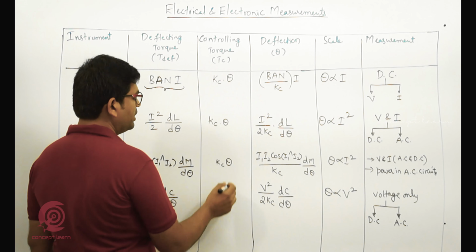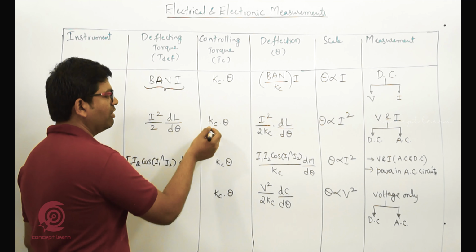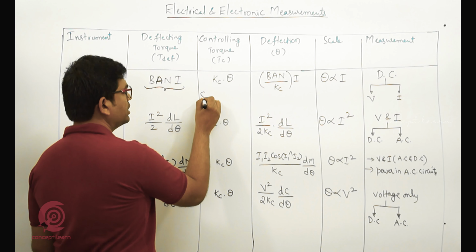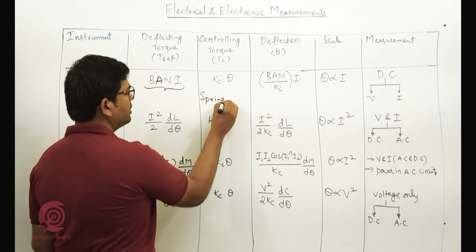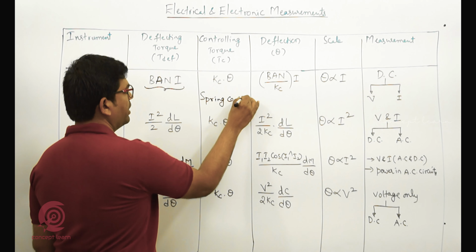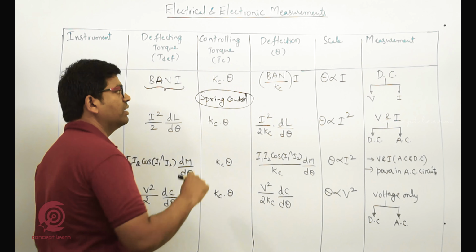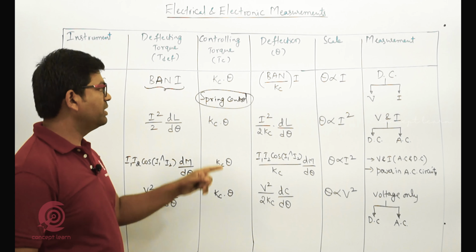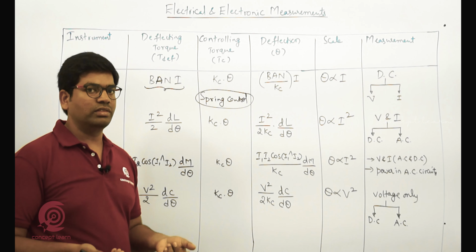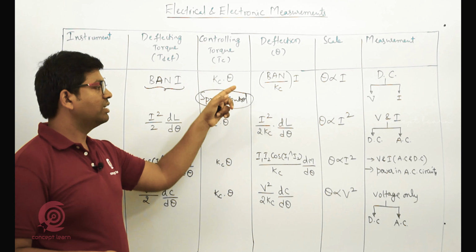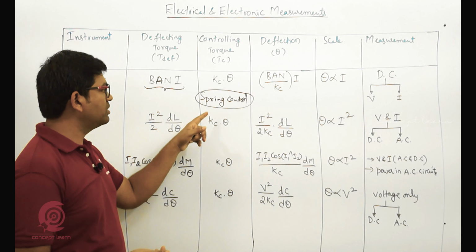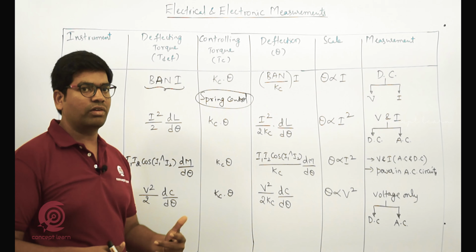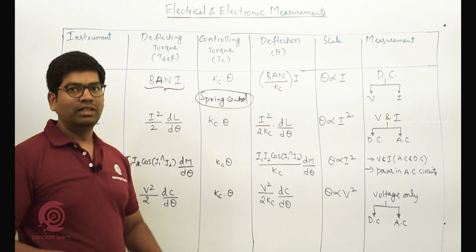And controlling torque: in all these instruments we get Kc into theta, which means we are using the spring control method. Kc is the spring control constant and theta is the pointer deflection. If I use the gravity control method, we get Kc into sin theta.